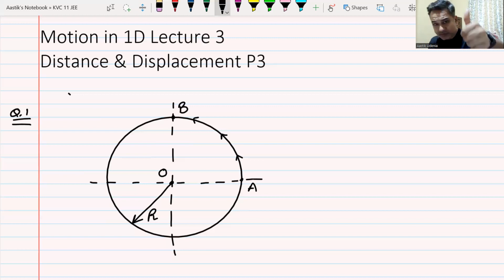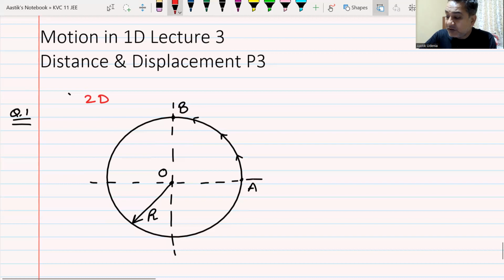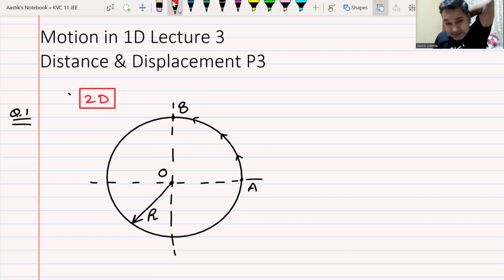Do we understand this? Yes or no? Since this is an example of motion in 2D, that is the first thing we have to understand. That means, though the name of the chapter is 1D, we are doing all types of dimensions.